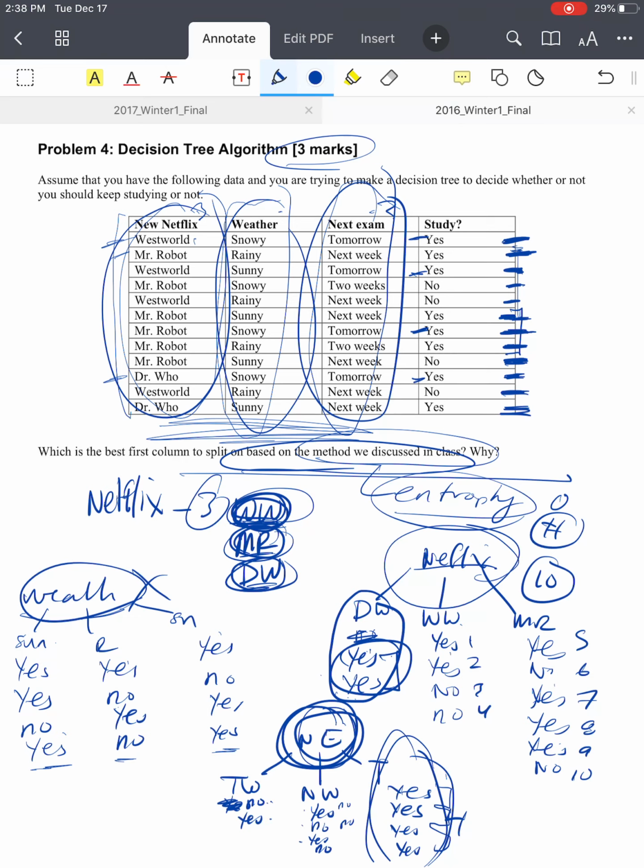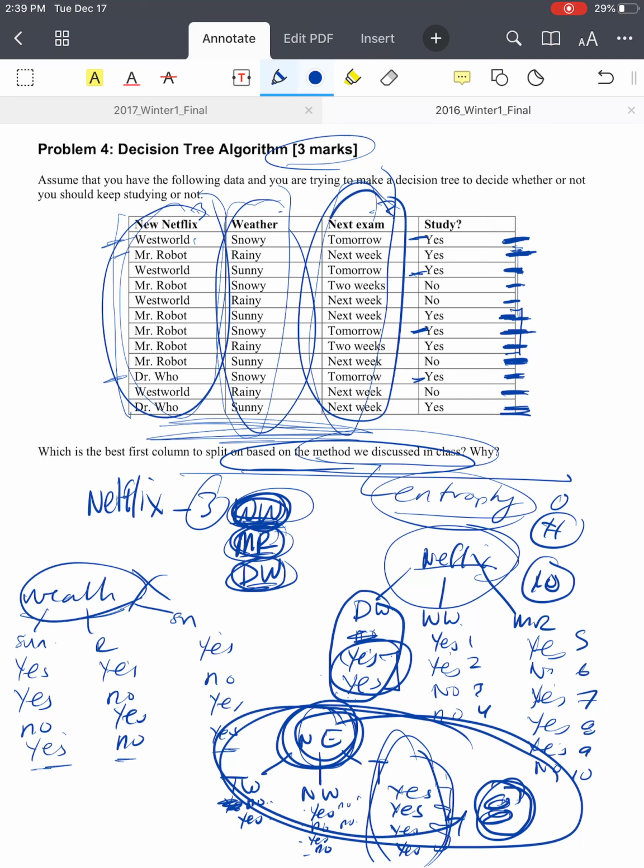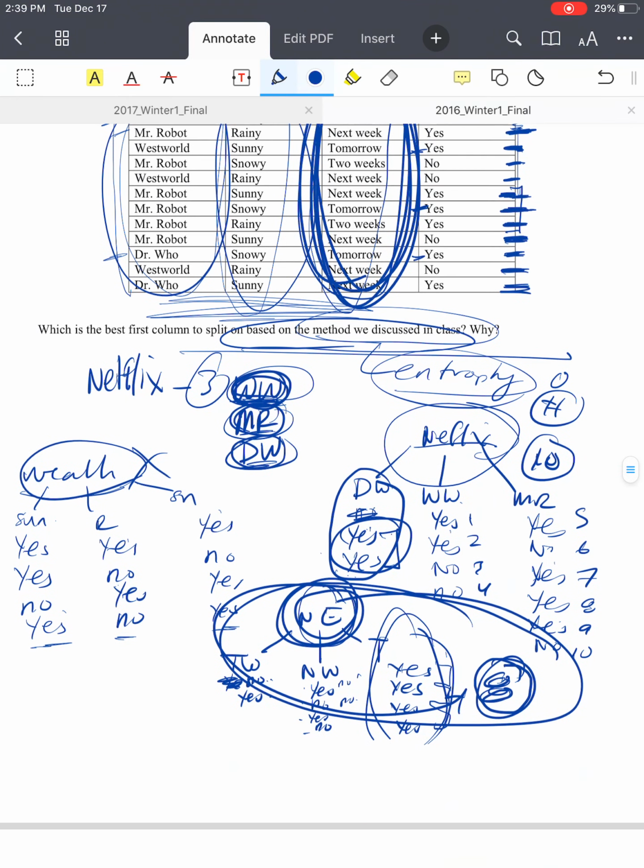For next exam, you'd count 1, 2, 3, 4, 5, 6, 7, 8, so this one has a score of 8. You want the column you split on first to have the lowest entropy, and that would be next exam. You can support your answer by saying it has an entropy value of 8 compared to Netflix's 10, and that is why you would pick next exam as your answer.